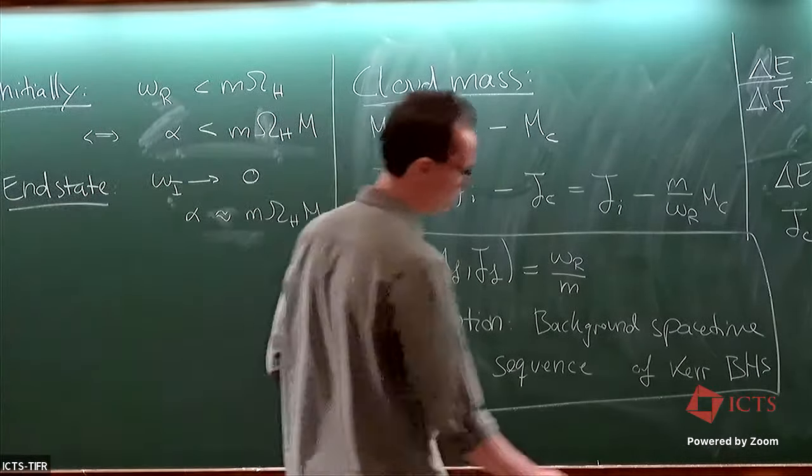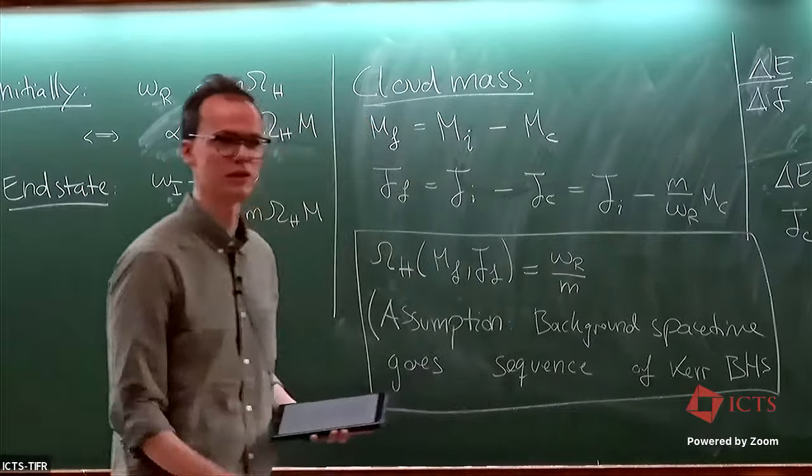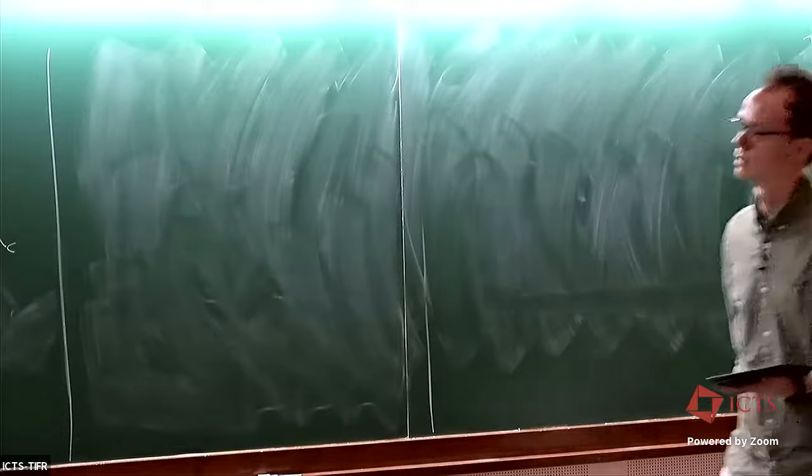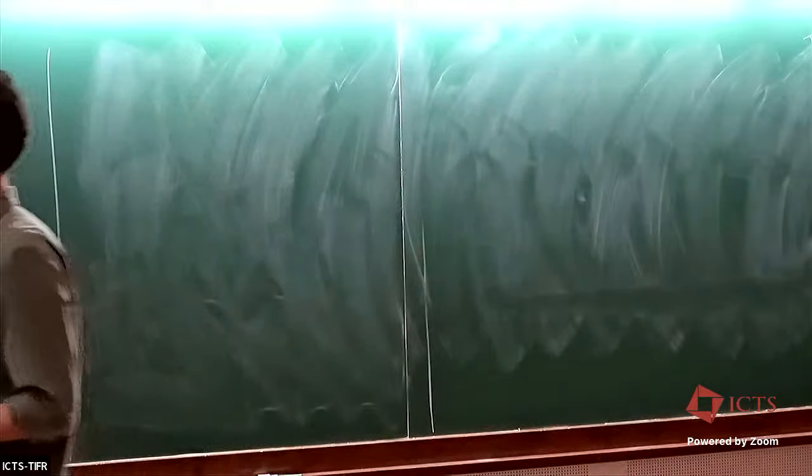And by Kerr black holes, I mean technically Kerr black holes, because if you then have gravitational radiation on top of that, it's no longer technically a Kerr black hole. Okay.